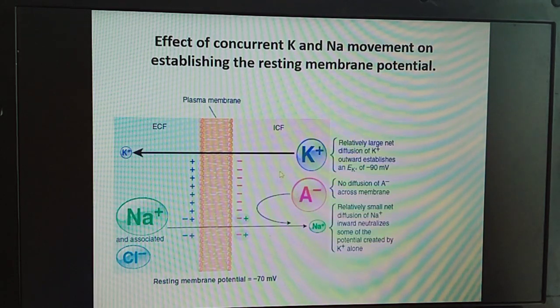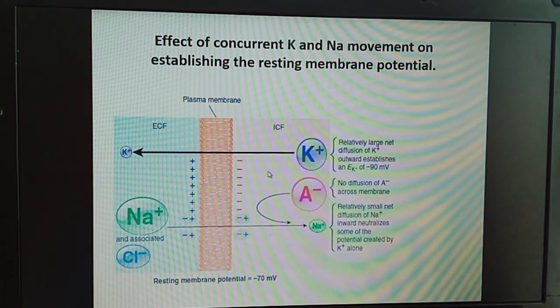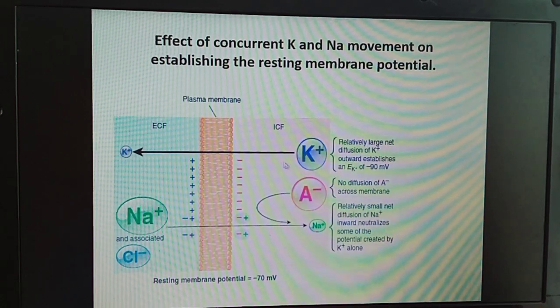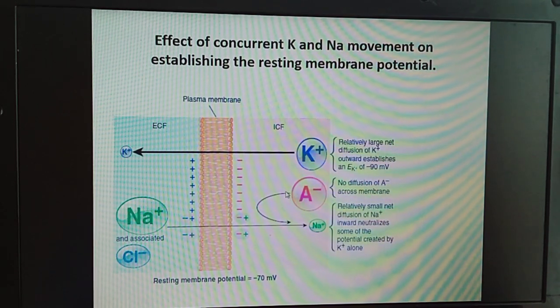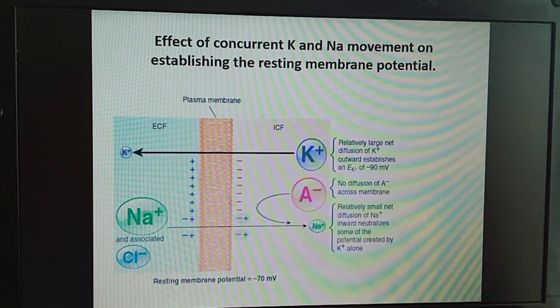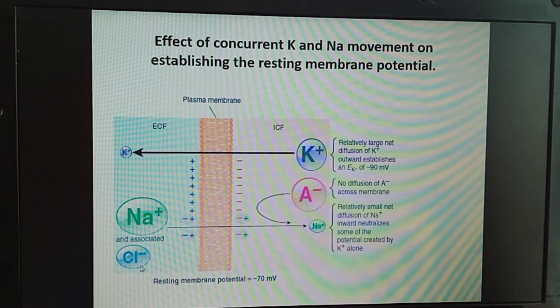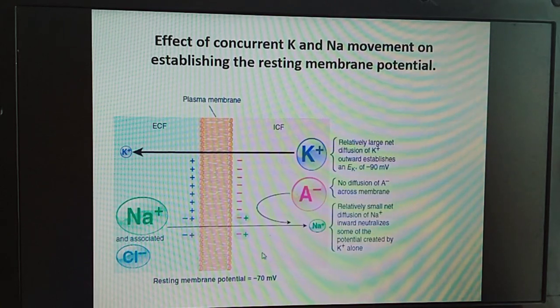Okay. However, potassium is a cation, sodium is a cation. This potassium cannot neutralize the sodium outside, but the sodium can, because the ICF has more of these negative ions inside because of the phosphate and the proteins. Now we see that the chloride is in excess in the ECF than in the ICF.